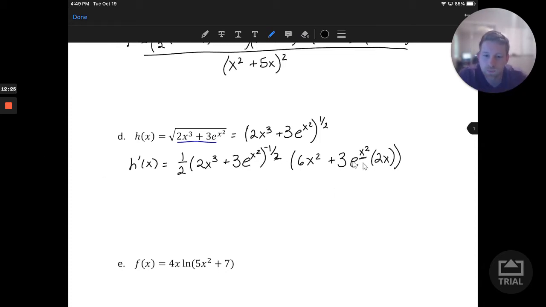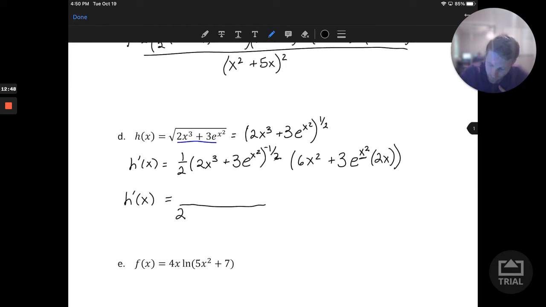If we wanted to simplify this a little further, we can. And I'll just simplify this. We have some space here to kind of rewrite this a little cleaner. We can take a look at simplifying the numerator term first. This denominator is going to have a 2 with the 1/2.